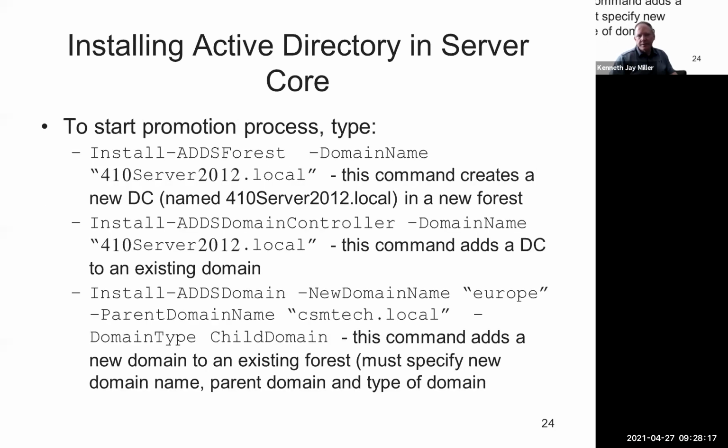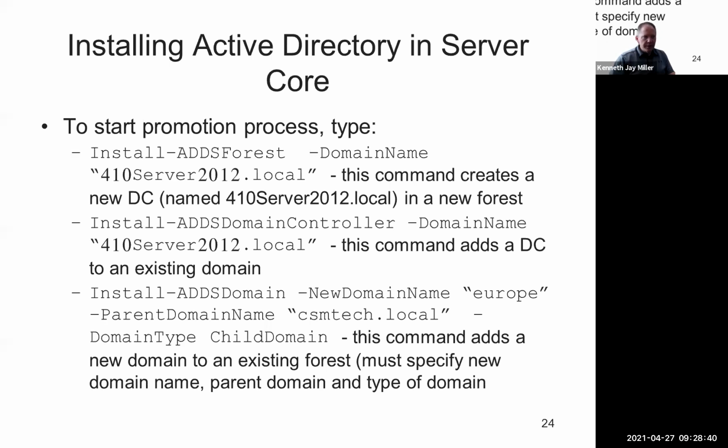So here's the command that we could use to install the Active Directory Domain Services for us: dash domain name, give it the domain name, and it will automatically do that for us. And the main benefit to any of these command line tools is the ability to write scripts.